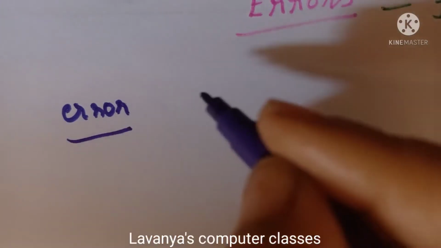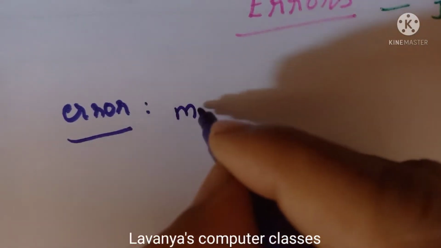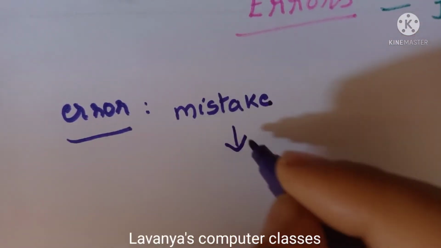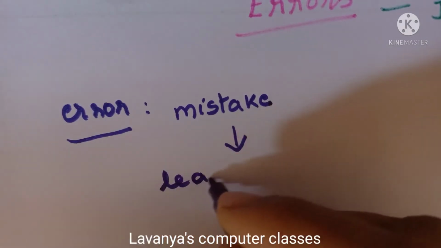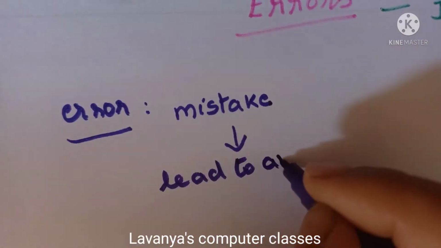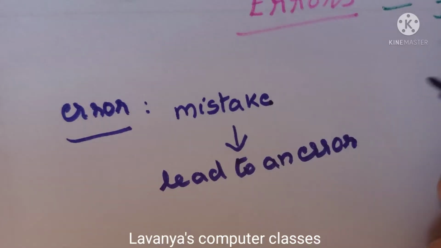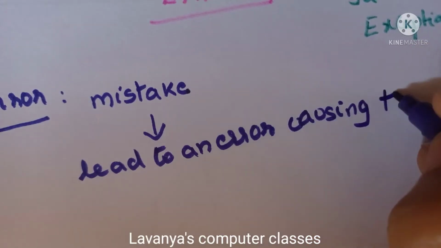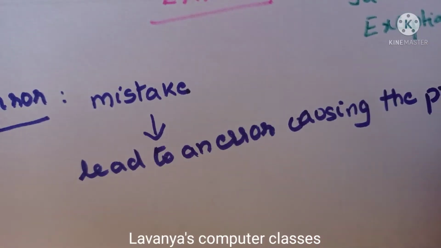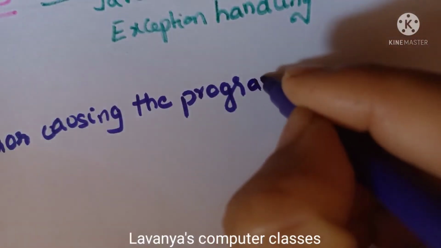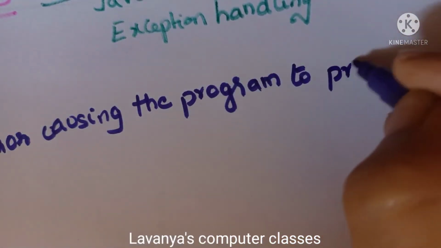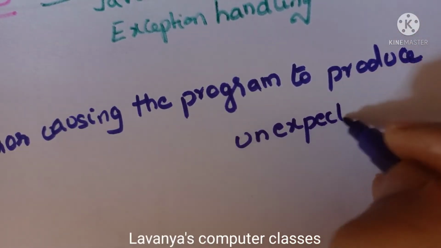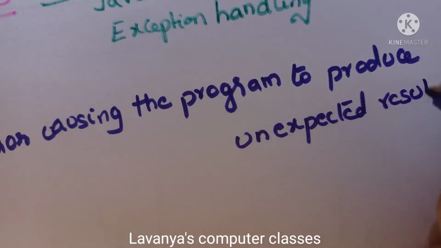So, what is an error? Error means nothing but a wrong, just a mistake. Errors are mistakes that can make a program go wrong. Because of the mistake, it leads to an error, which causes the program to produce an unexpected result.